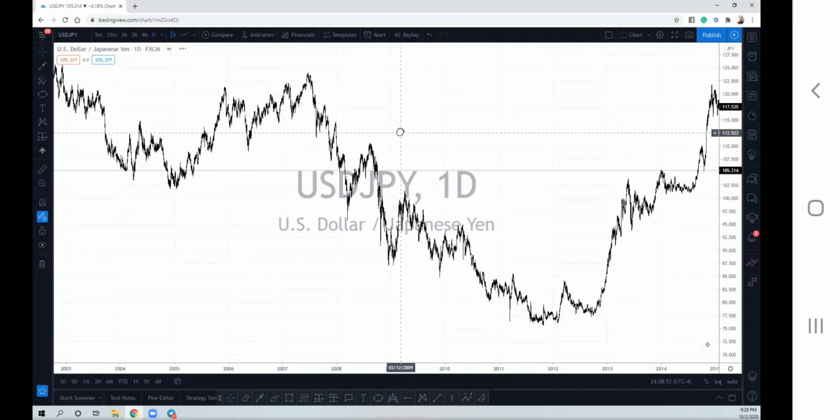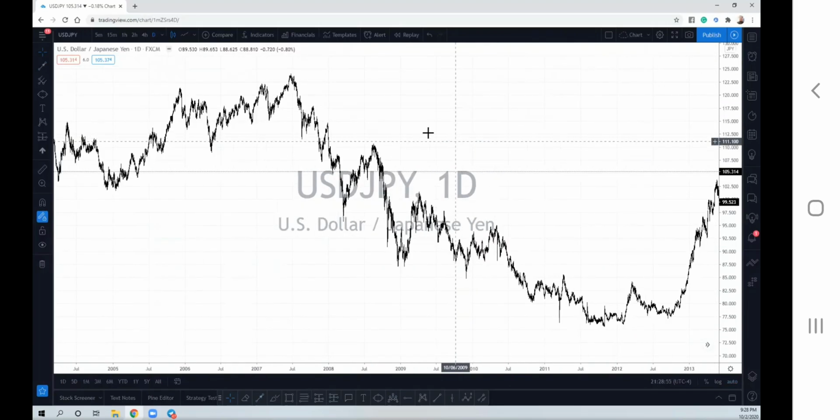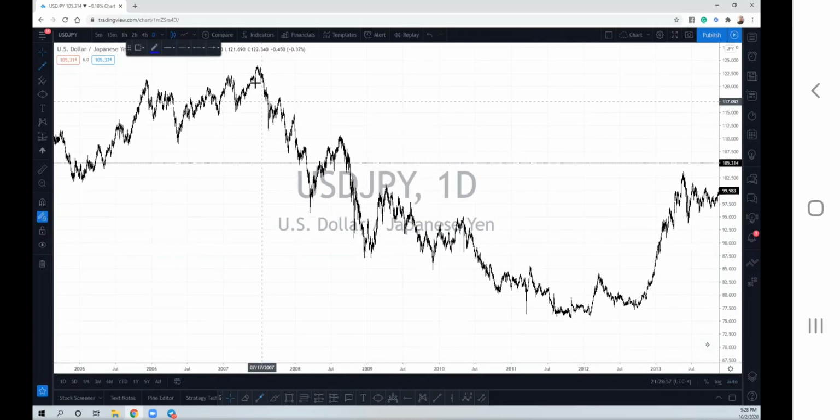So we come down here, and you can see this is the top of the market, comes down, makes a lower low, then comes up, makes a lower high, then makes a lower low. This already confirms that this is a downtrend, right?